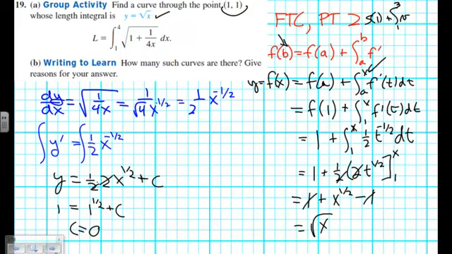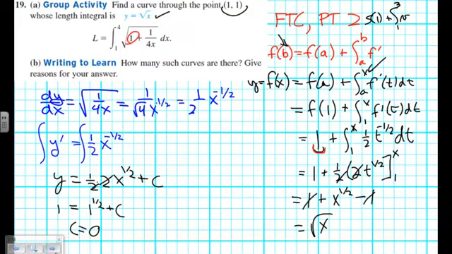Everyone's right. How did you get the 1 in your method first? At the first part, I don't understand where the 1 went. Because it was 1 plus 1/4x. Here's the 1, right? But no, the dy dx. Where'd the 1 go for the dy dx? Are you talking about this one here?